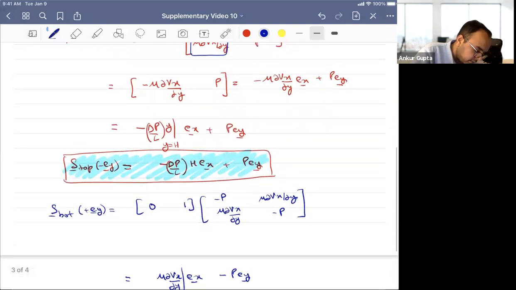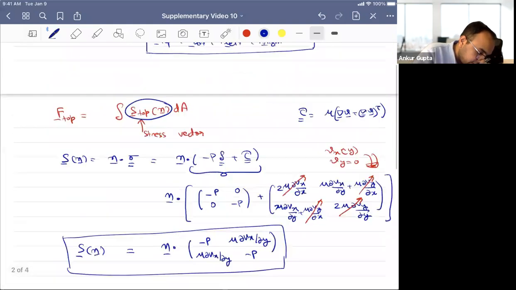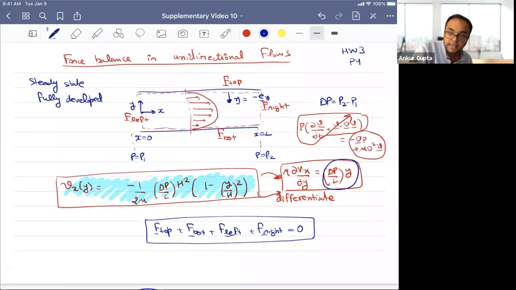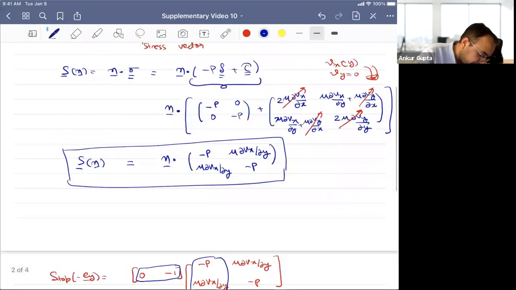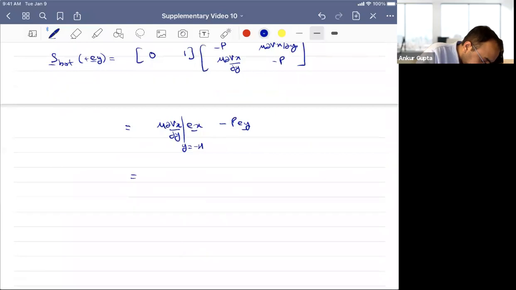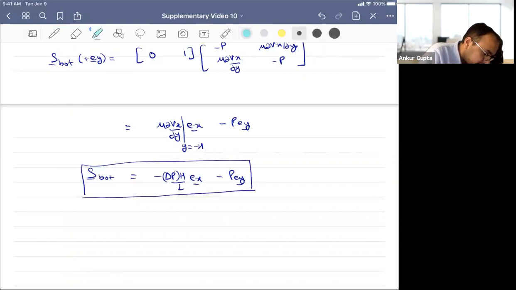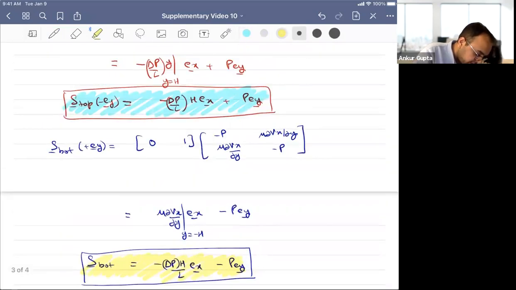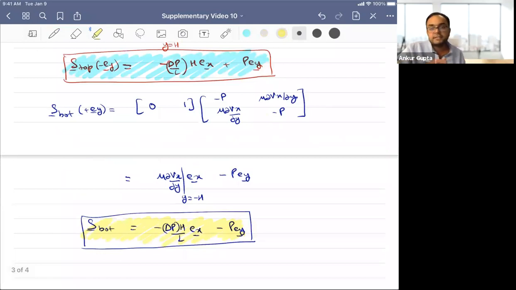So if I substitute the value in this formula here, minus h, I get again a negative sign, or minus delta p h by L ex minus p ey. Okay. So as bottom, we also get this as bottom here. Note that in the x direction it is equal, but in the y direction they are opposite.